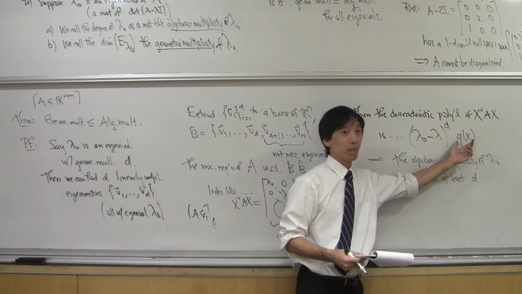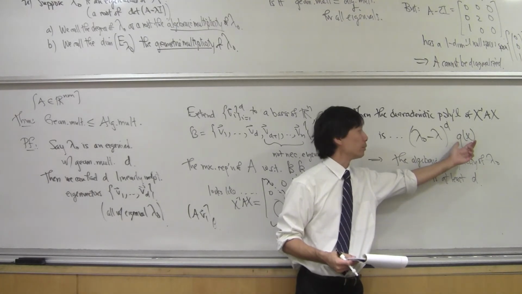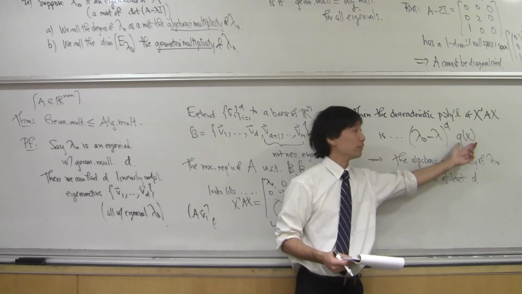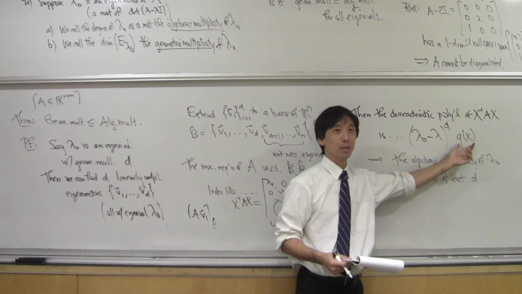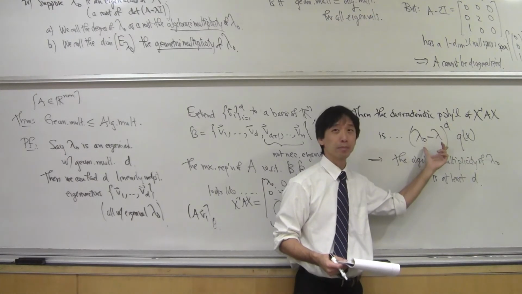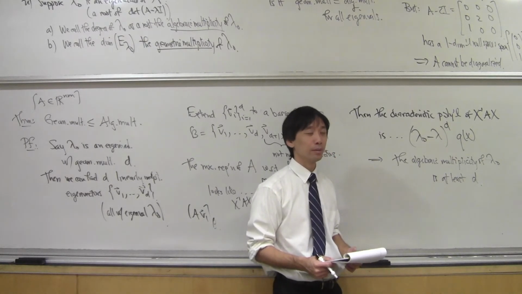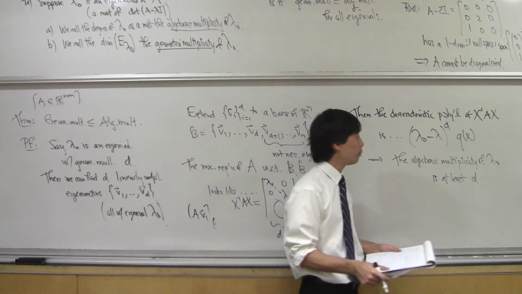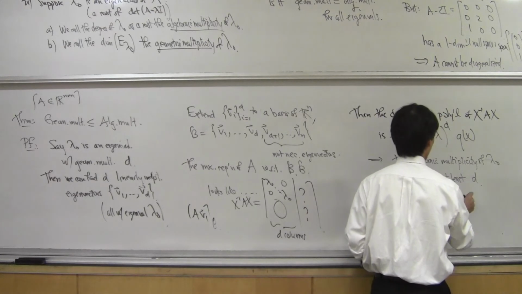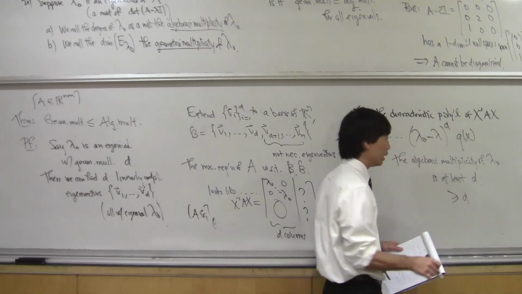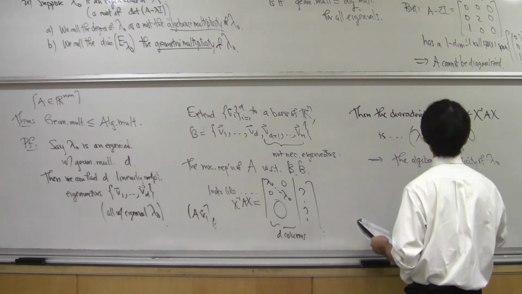It might be more than d. Maybe there's some term over here that involves lambda naught minus lambda. Okay, but at least it's d. So it's greater than or equal to d, but d was, remember, the geometric multiplicity.